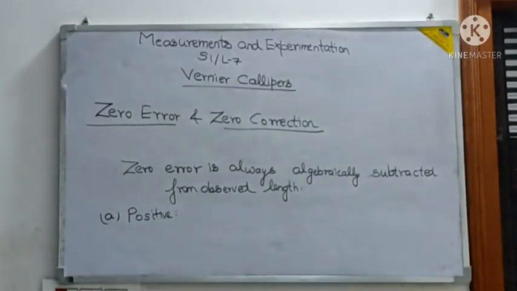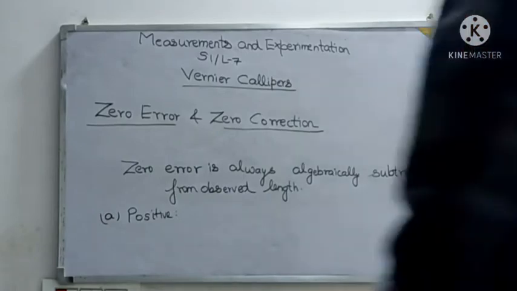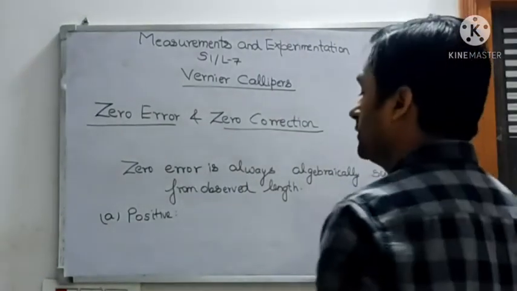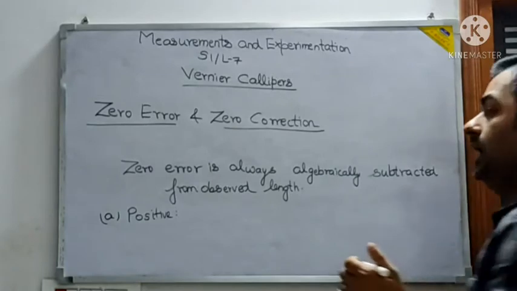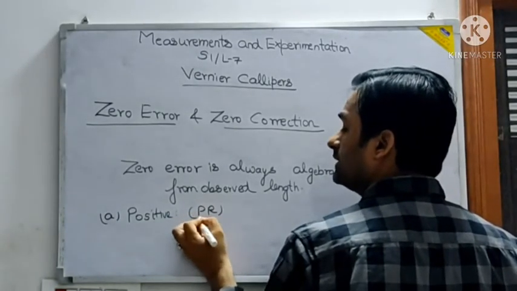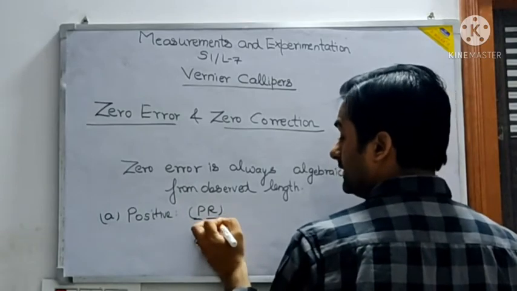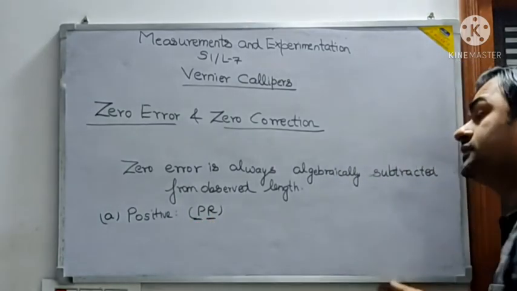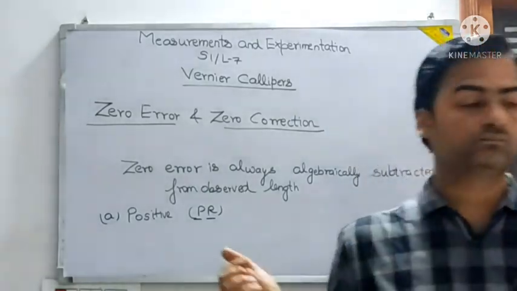So if the position of vernier calipers is to the right of the zero of the main scale, then the error is said to be positive. So I had given that trick here, PR. PR means positive zero error when the vernier zero is to the right of the main scale. Okay.